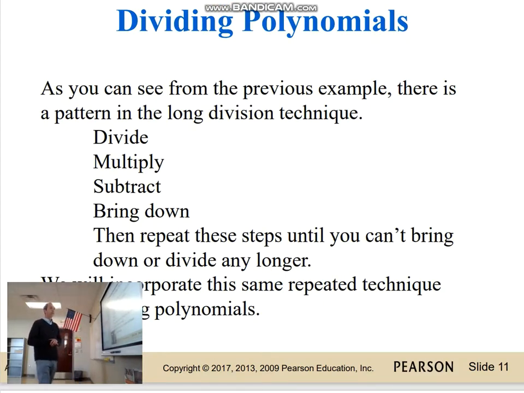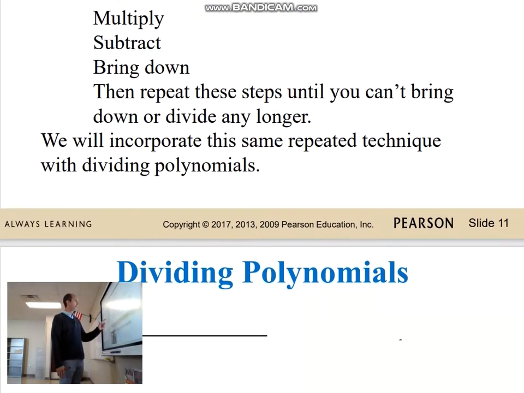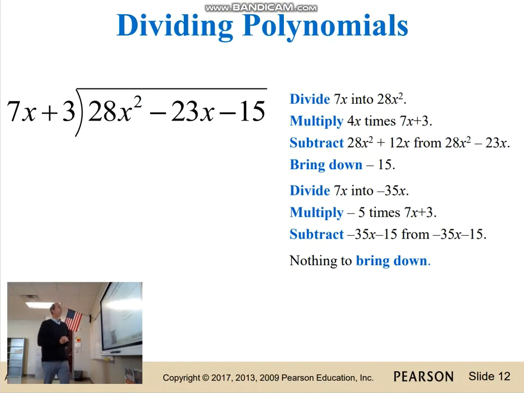As you can see from the previous example, there is a pattern: divide, multiply, subtract, bring down, and then repeat these steps again and again until you find the remainder. So we will divide now the polynomial 28x squared minus 23x minus 15 by the binomial 7x plus 3.